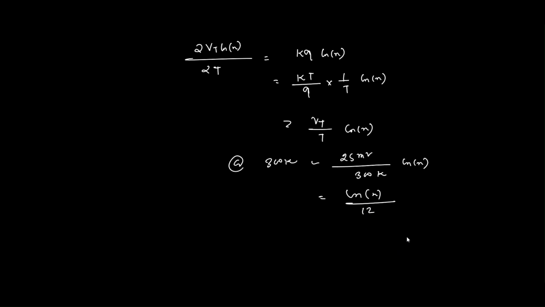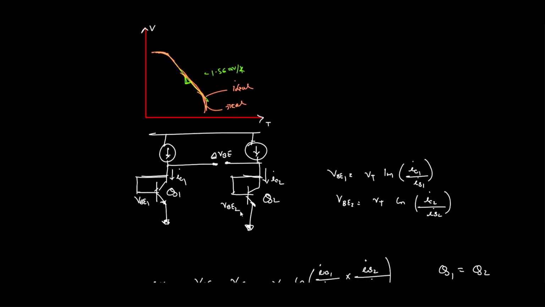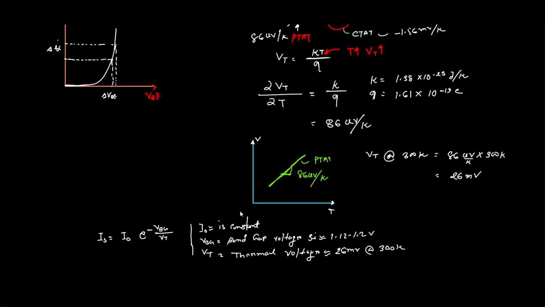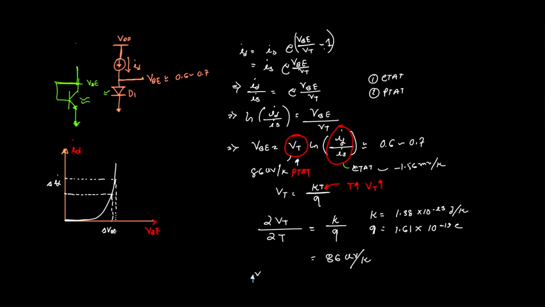So to get 2 millivolt per Kelvin, as we want to make the same slope as the CTAT, which means we need positive 1.56 millivolt, or in some textbooks, let's say, 2 millivolt minus 2 millivolt.